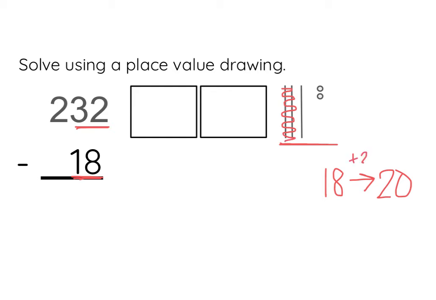Now, who is 18's partner to 20? It's 2. So I'll put 2 back. Now I just look at my picture for my answer. 100, 200, 10, and a 4. So 214. Again, you can check it out by adding. We have a 200. 10 plus 10 is 20. 8 plus 4 is another 10, plus the extra 2 for 232.